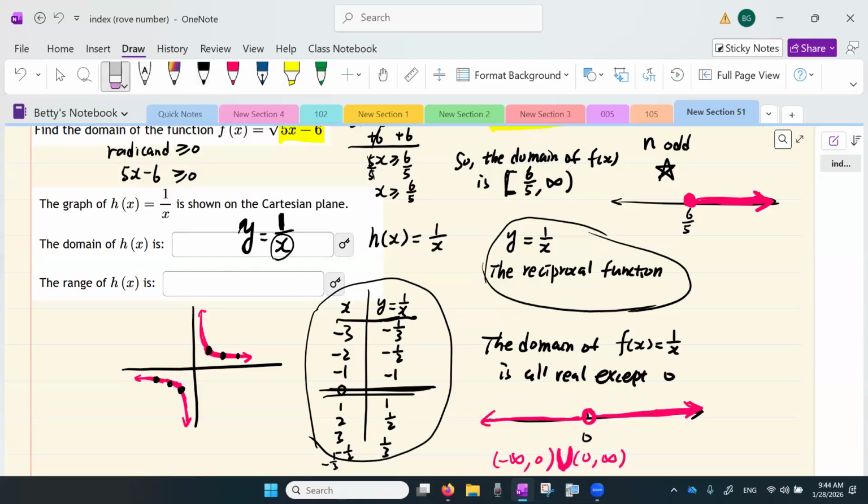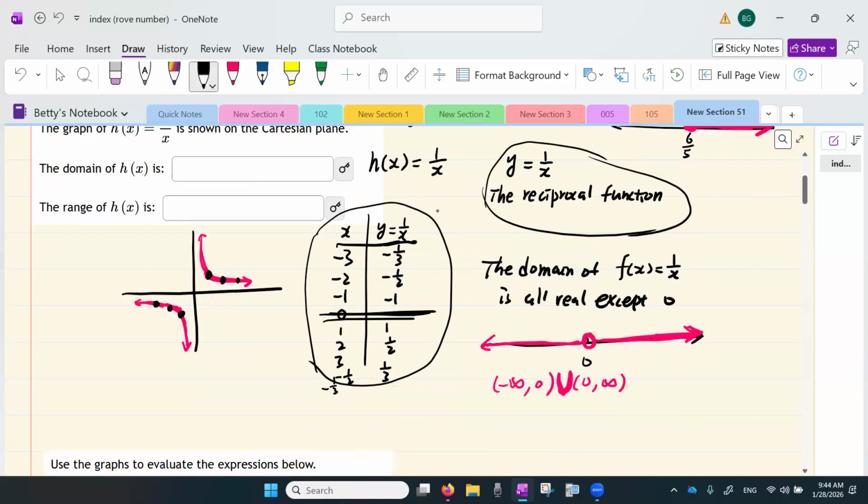So the range is the same thing, all real except 0. The range is also from -infinity to 0, union 0 to +infinity. We saw this problem in the activity last week, right? That's how we find and understand the domain and range for the reciprocal function.